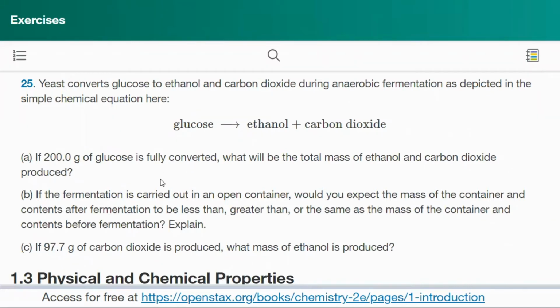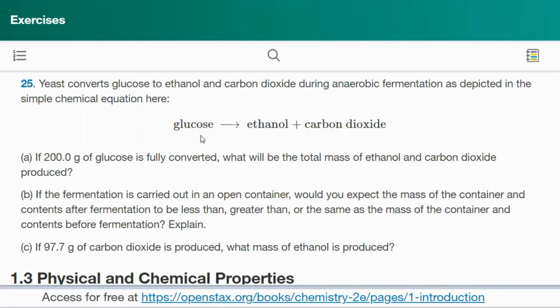Question B, if the fermentation is carried out in an open container, would you expect the mass of the container and contents after fermentation to be less than, greater than, or the same as the mass of the container and contents before fermentation? So the key here is an open container. Let's just think about this.